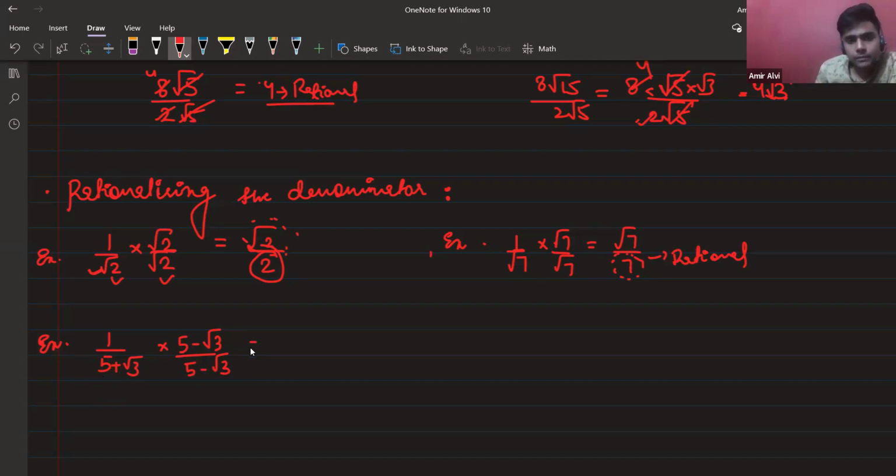So now tell me, Simran, 5 plus root 3 times 5 minus root 3. Which identity is this?